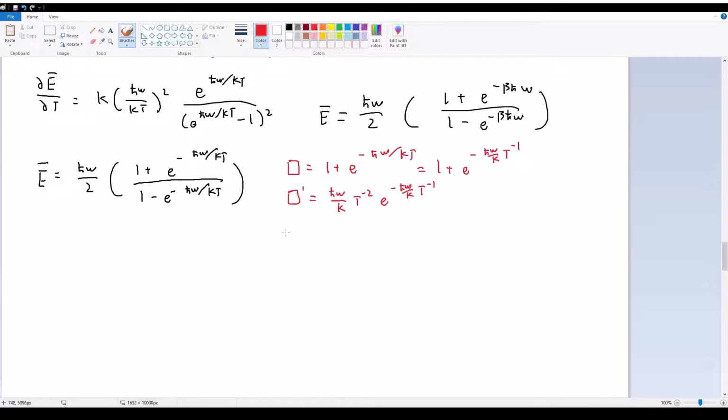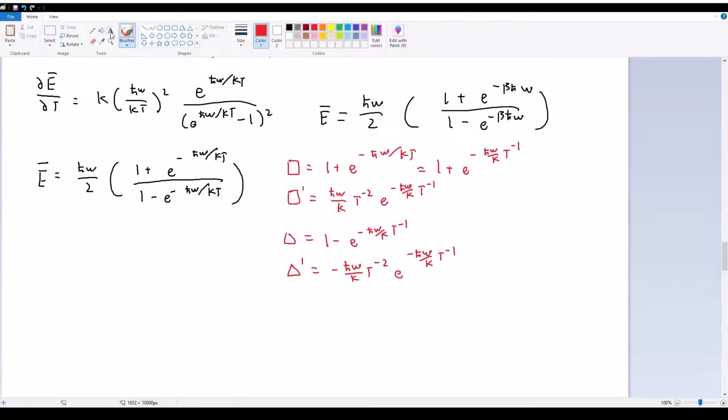Yep. Okay. And then triangle is 1 minus e to the negative h bar omega over kT to the negative 1st power. So the derivative is going to be the same. Actually no, there's going to be a negative at the front, because we're bringing down a negative. So it's negative h bar omega over k times T to the negative 2nd power times e to the negative h bar omega over kT to the negative 1st power.